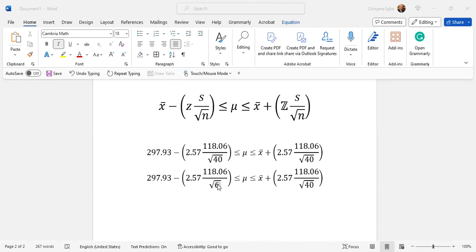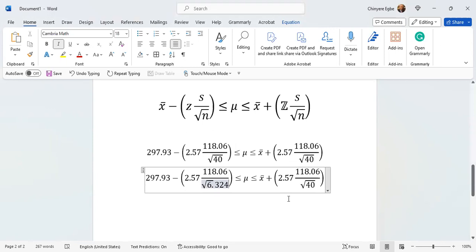Okay, so the square root of 40 is 6.324. All right, so now you can see we reduce the formula and we can now take the same equation.